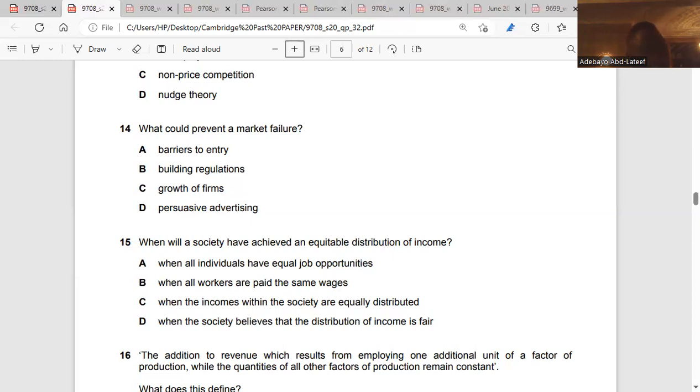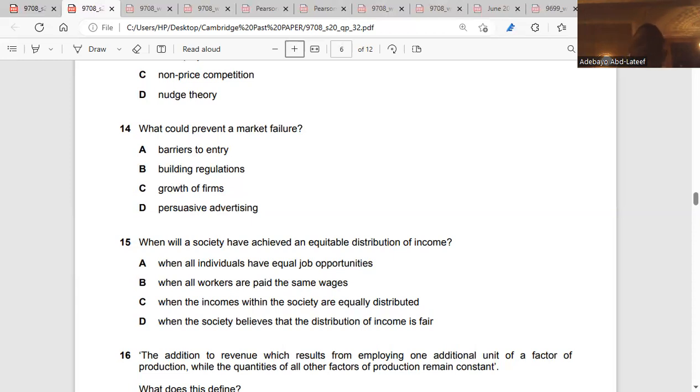There's business failure in business, but here in economics we don't talk about business failure because we don't relate the business here. We relate the industry. So in the industry, if businesses fail to allocate resources efficiently, it is market failure.